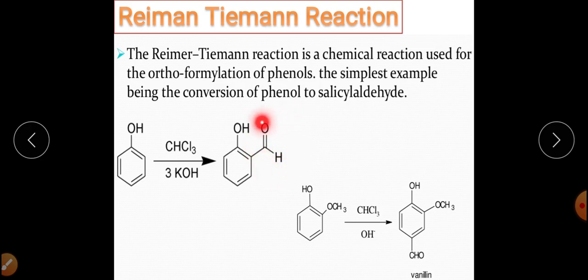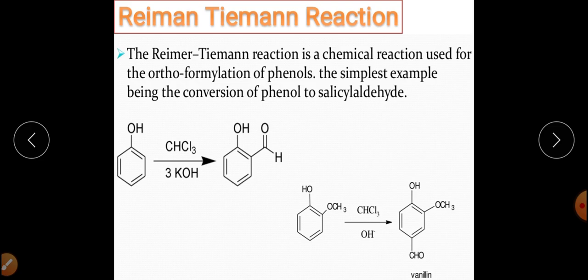That means at the ortho position to this hydroxyl group there will be attachment of a CHO group, which is called the formylation reaction. Basically, the formylation of phenol with chloroform in the presence of a base is called the Reimer-Tiemann reaction.